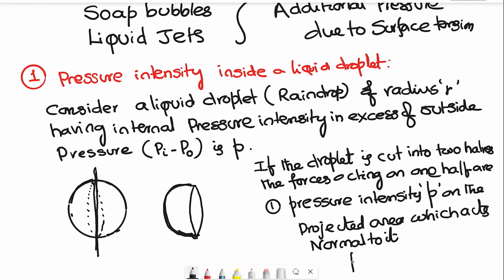So if P is the pressure, the force is equal to pressure into area. Always pressure acts on the cross section, so that is why it is pi r square. So this is one.